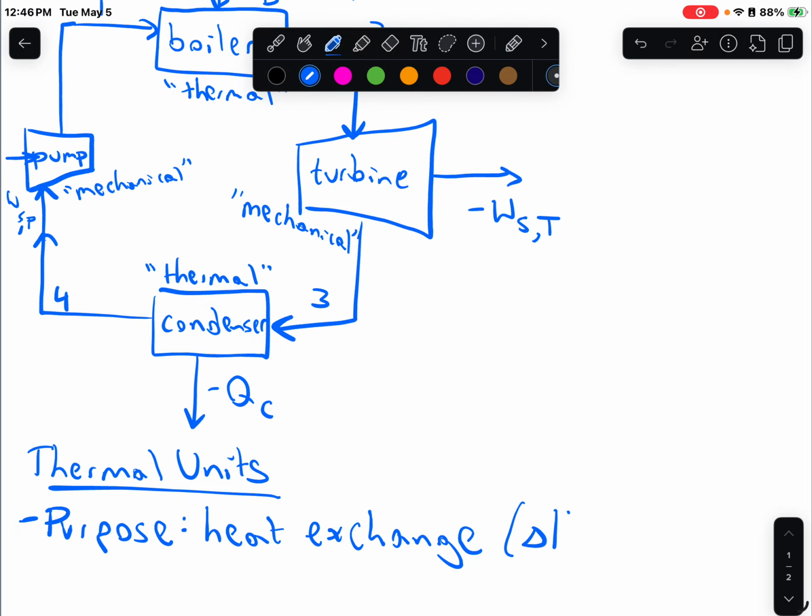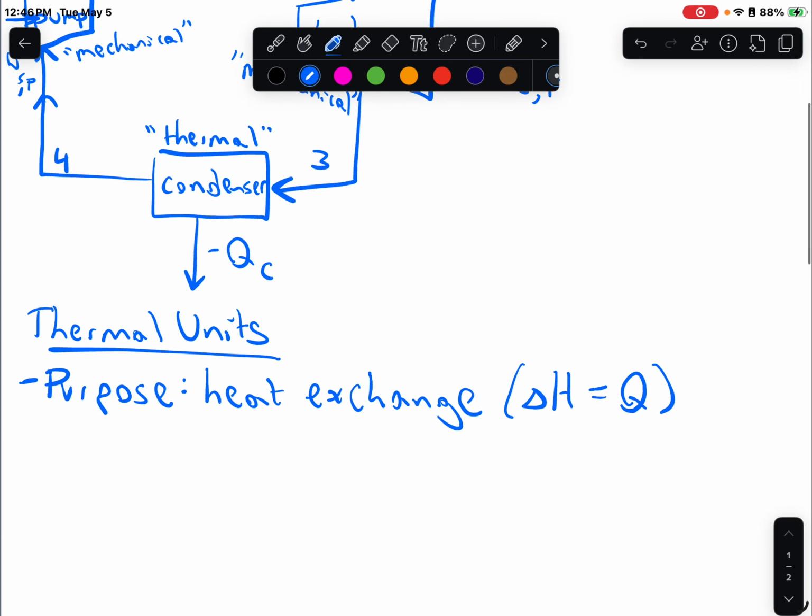So the simple energy balance is delta H equals Q. Remember, if you took my class, you'll remember when we discussed the energy balance for flow systems, the reason we put delta H and not delta U into that equation is because delta H contains the work necessary to flow the fluid through the system. So that's not the work we're talking about.